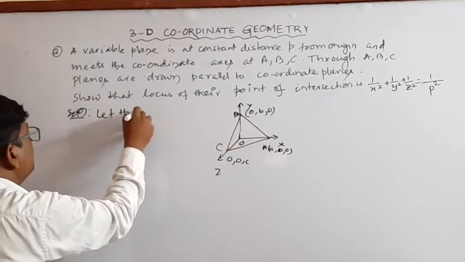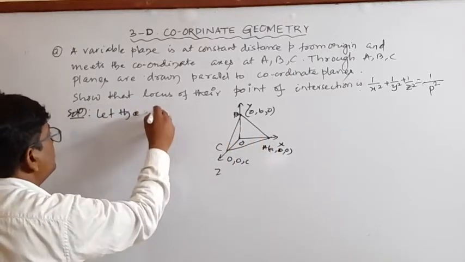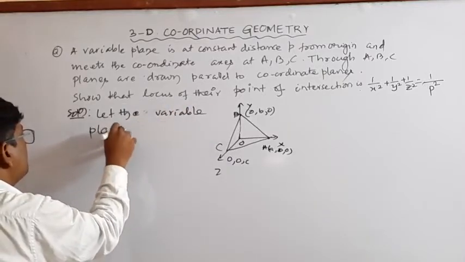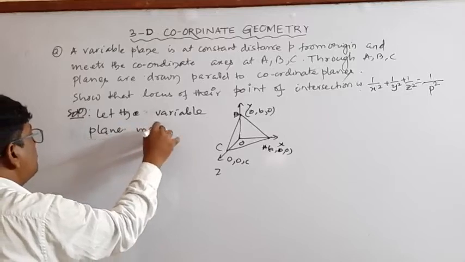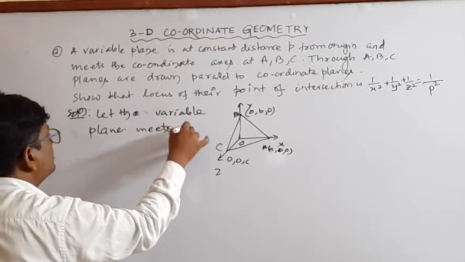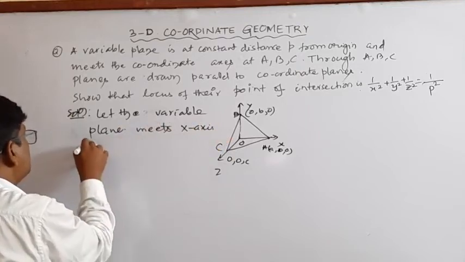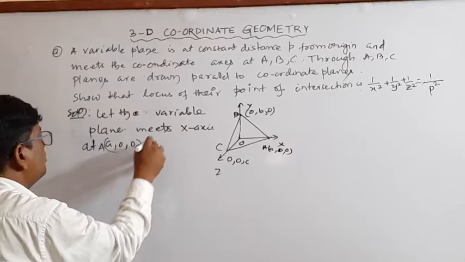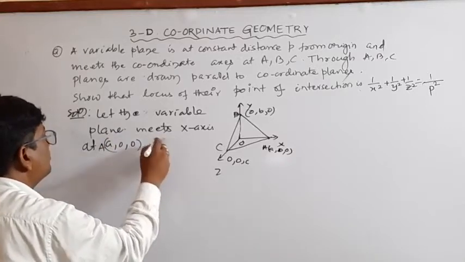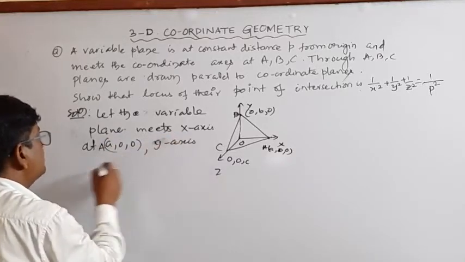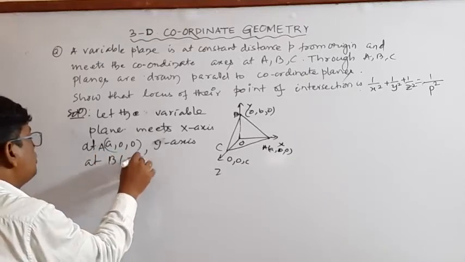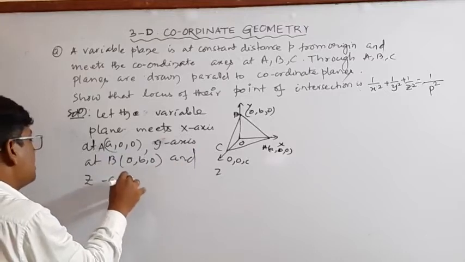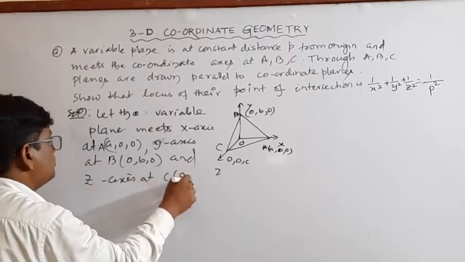Let the variable plane meet the x axis at A (a, 0, 0), the y axis at B (0, b, 0), and the z axis at C (0, 0, c).